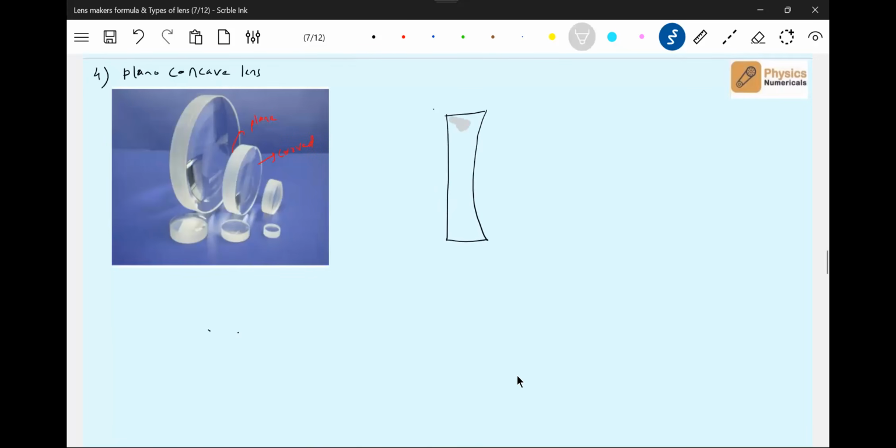What you are seeing is a side view. So if a ray of light is incident, after refraction, it will diverge.